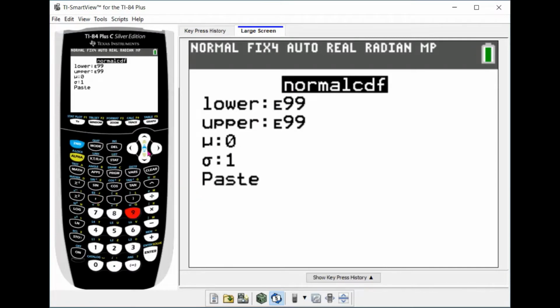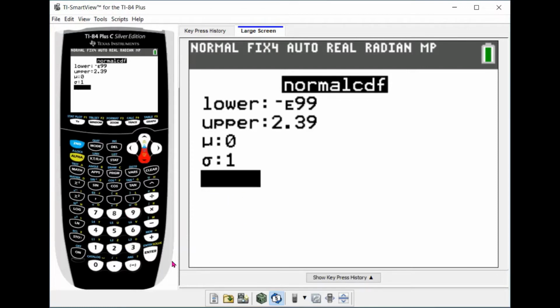But we need negative in front, so it should be negative, then E, hold on. So if you press second and comma, that's E, then 9, 9. That is negative infinity. Upper boundary was 2.39. And because it is the standard normal distribution, mean is 0, standard deviation is 1.